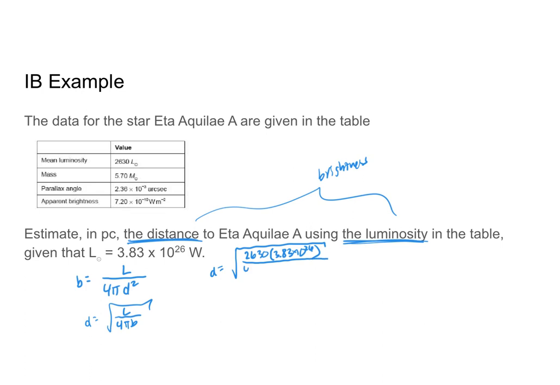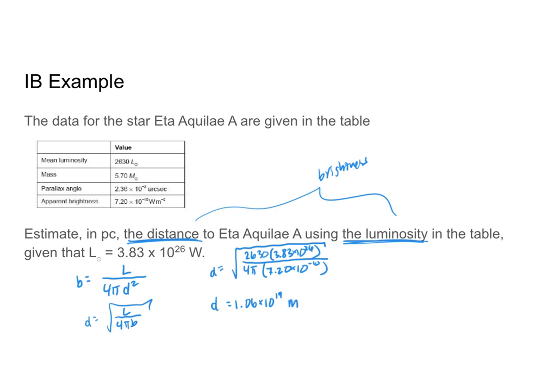And that's divided by 4 pi times my apparent brightness, which is 7.20 times 10 to the negative 10th. And I'm going to go ahead and just throw those numbers in a calculator. After putting everything in a calculator, I get that the distance from me to Eta Aquilae A is 1.06 times 10 to the 19th meters.